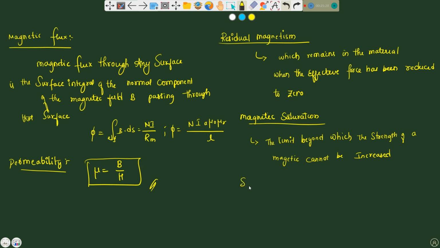So we have susceptibility. What is this susceptibility? It is defined as the ratio of intensity of magnetization to the field intensity.